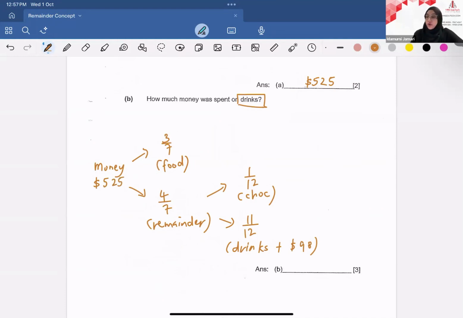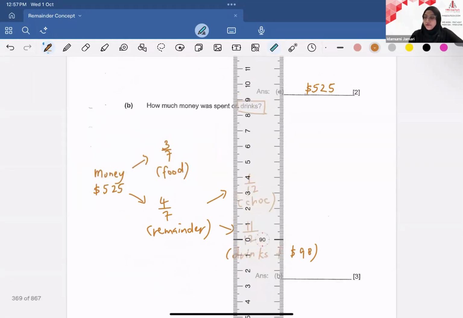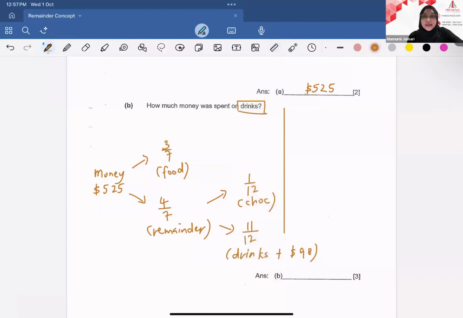Now we can start to do our working. 1 out of 12 of the fraction is referring to part of the remainder. It is not part of the money. Hence, we need to know what fraction of the money was spent on chocolates. Now, since we are interested in finding the amount of money spent on drinks, let's focus our attention on 11 out of 12.